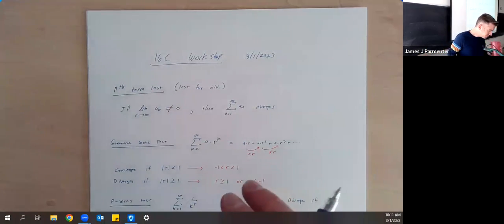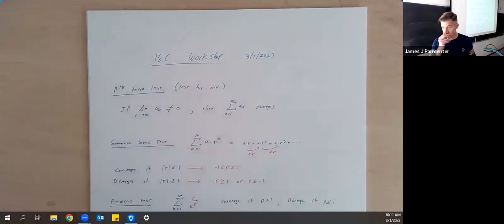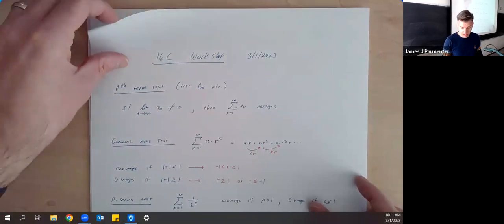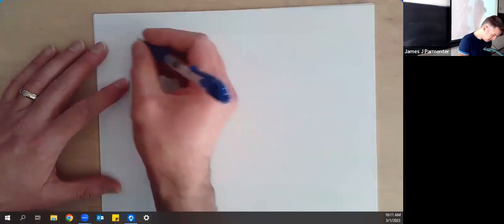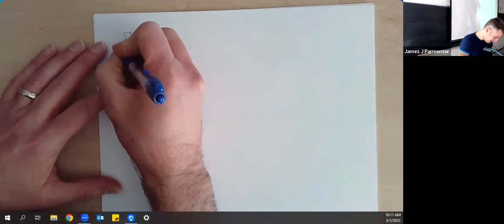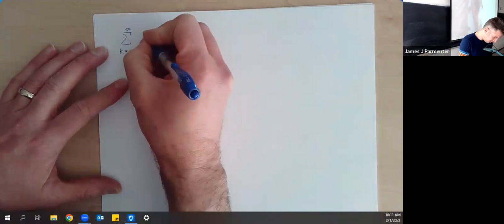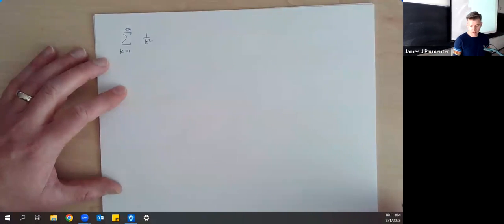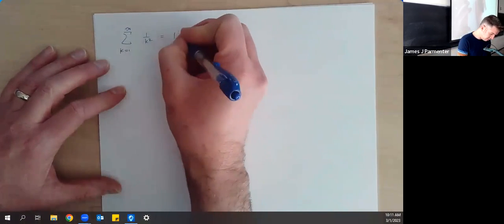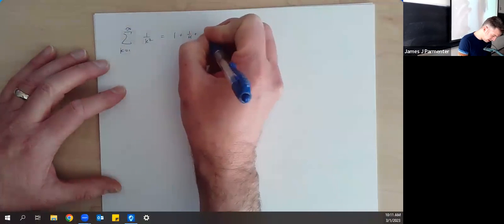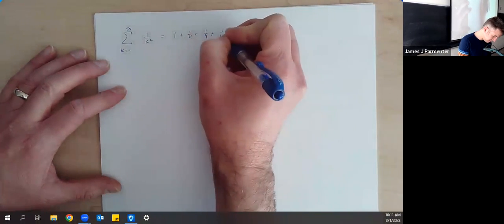So let me just show you two examples of why the p series stuff works. They're going to be the classic examples. Let's say we wanted to look at the sum from k equals 1 to infinity of 1 over k squared, which is 1 plus 1/4 plus 1/9 plus 1/16, and so on.